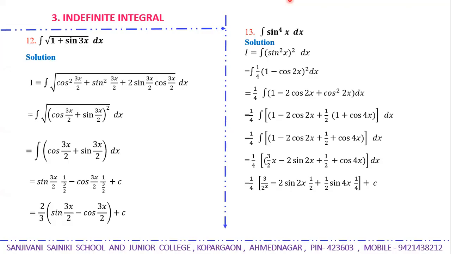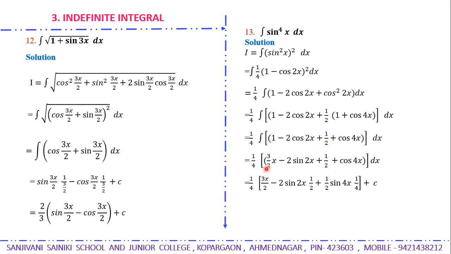Okay, now it's correct. 3x upon 2 minus 2 sin 2x upon 2, plus 1 upon 2 sin 4x, into 1 by 4, because 1 upon 2 plus 1 is 3 by 2. And the integral of 3 by 2 is 3 by 2x.